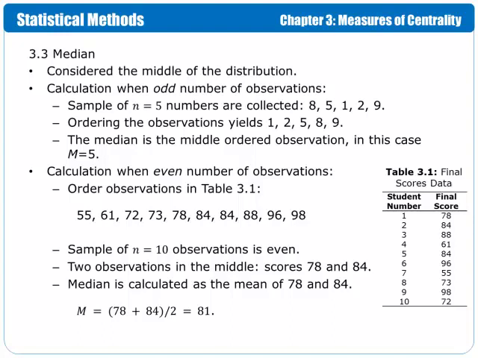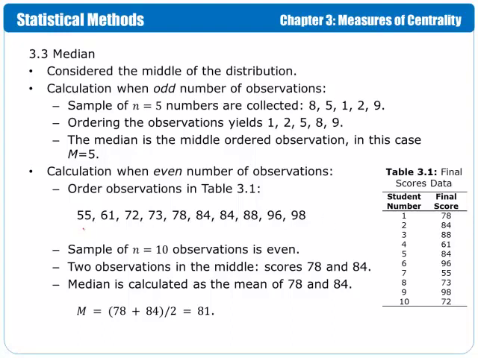Now let's consider what happens when we have an even number of observations. Consider the values here in our final scores data set where we have the students and their final scores. You can see that the final scores are not sorted from lowest to highest. And so as part of calculating the median, we need to put those final scores in order from lowest to highest. And so here we have done that.